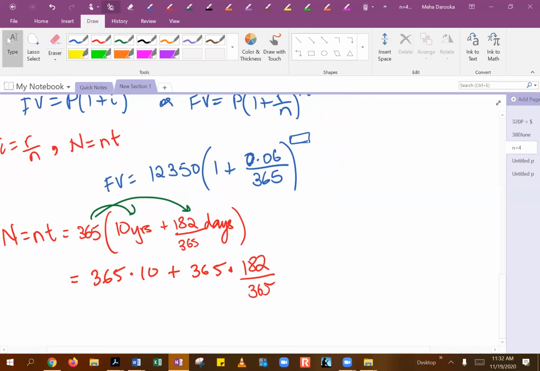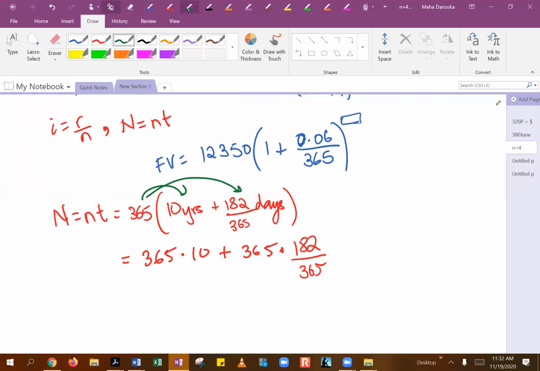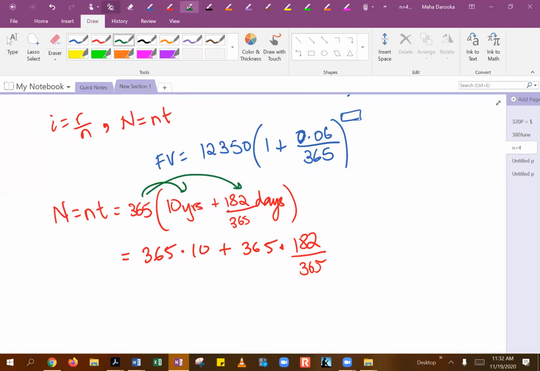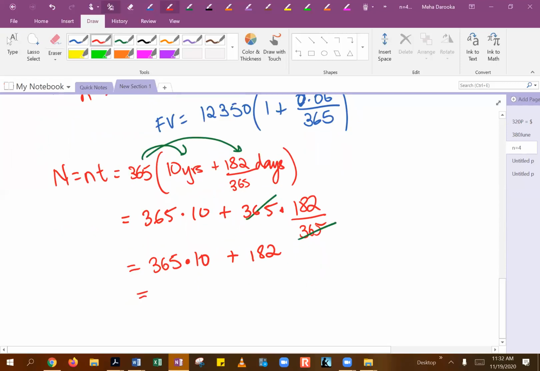And it's interesting how this works out, because your 365s would cancel each other out, and you would just end up taking the 365 times 10 in the first part and just adding 182. So all you are doing is converting those 10 years into days, which will come out to be 3,650 days.